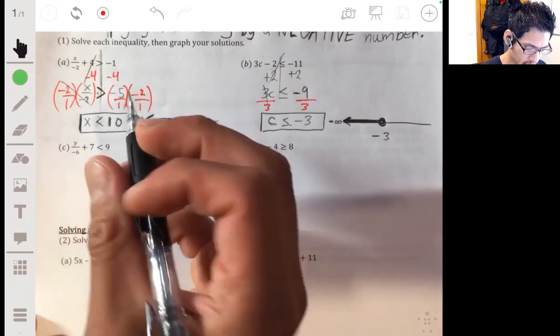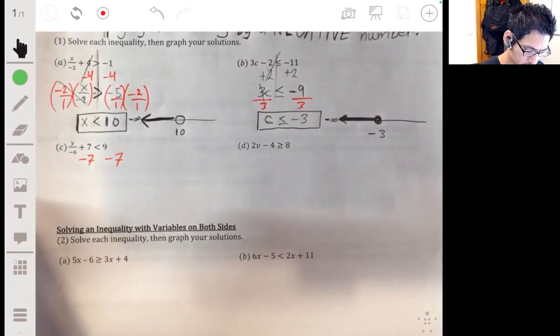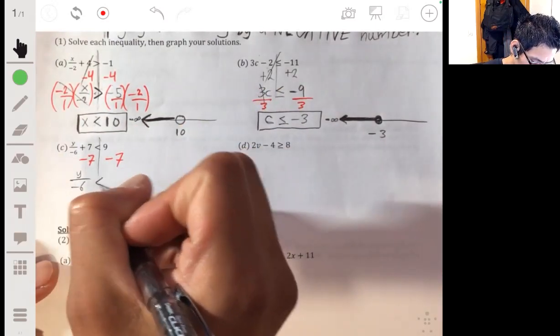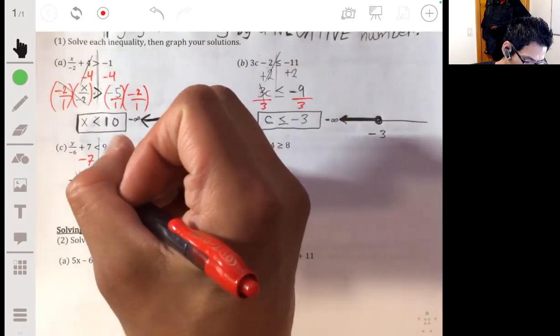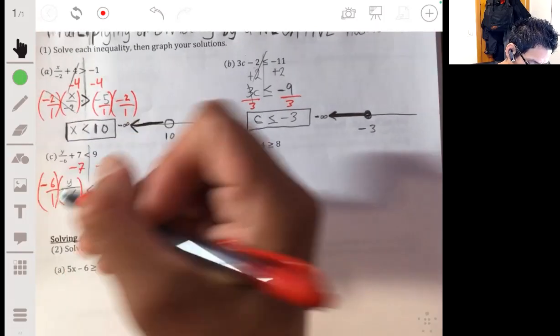All right, for C, we're going to take away 7 first from both sides. Y over -6 is less than 2. Cancel off the -6 by multiplying by -6 over 1.